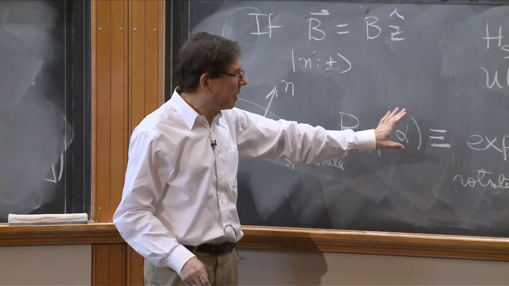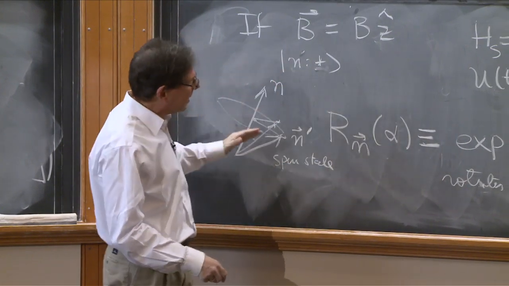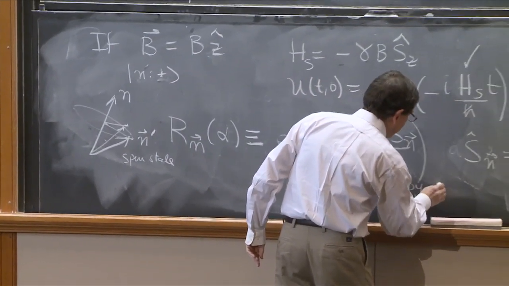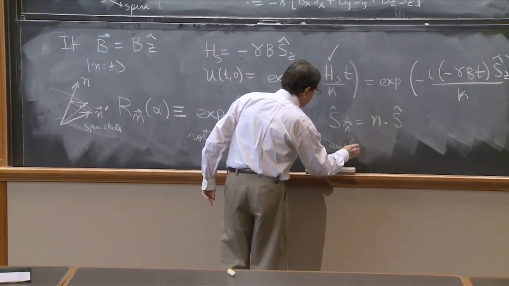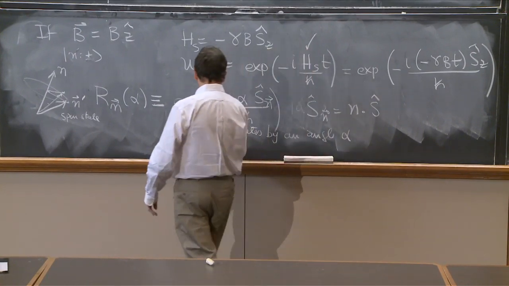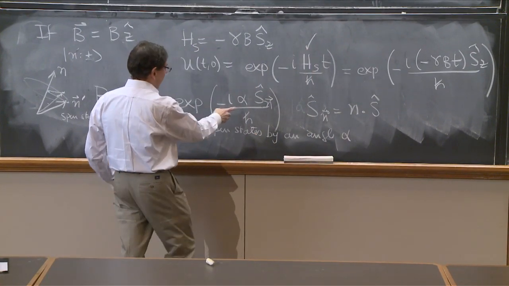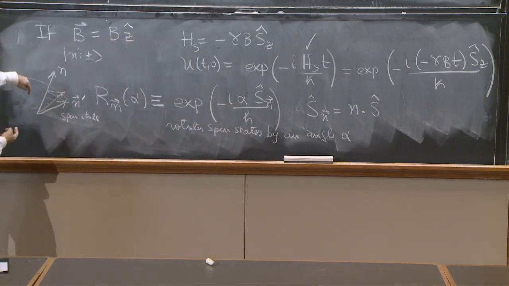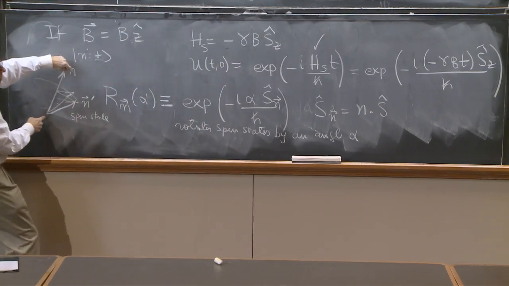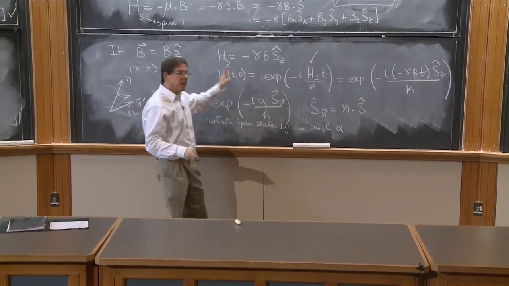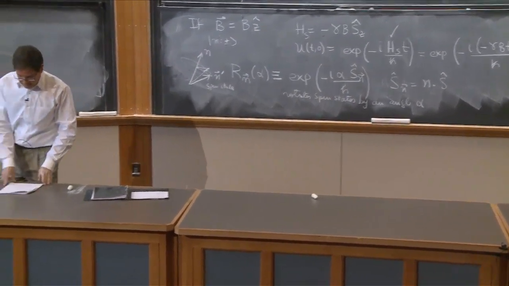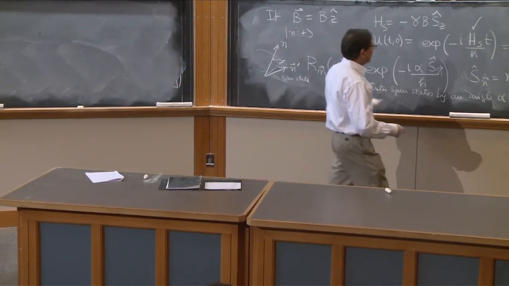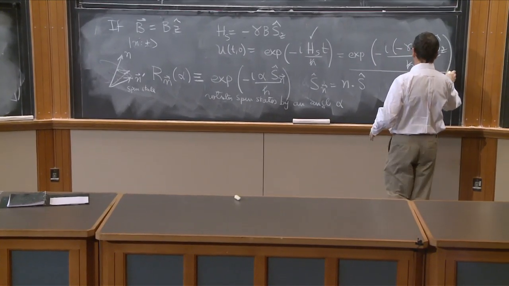So this will become clear that this rotates any spin state by an angle alpha, and rotates spin states with respect to the axis defined by n over here. So that's the interpretation of this operator. That's what it does. And now I want you to look at this operator.